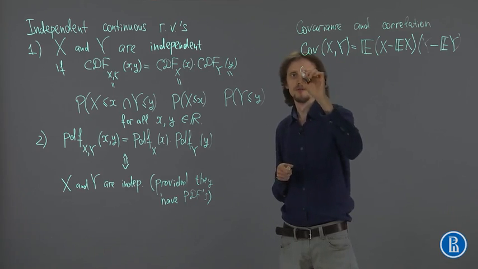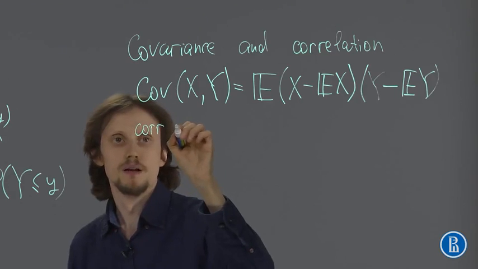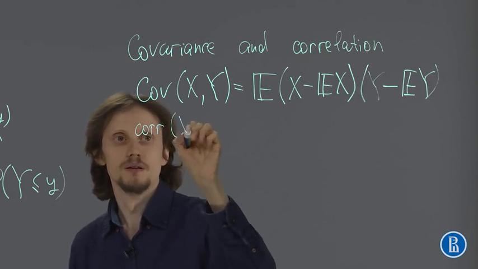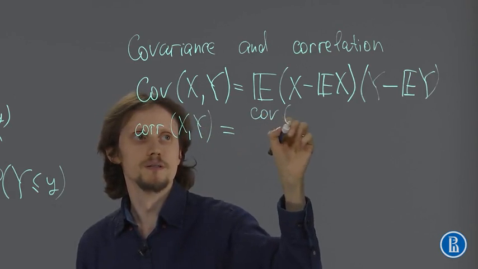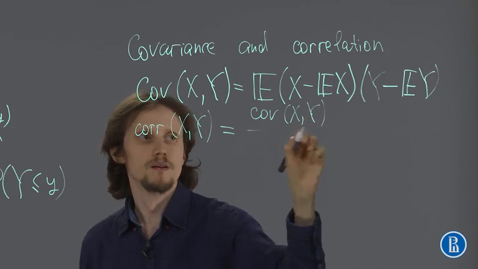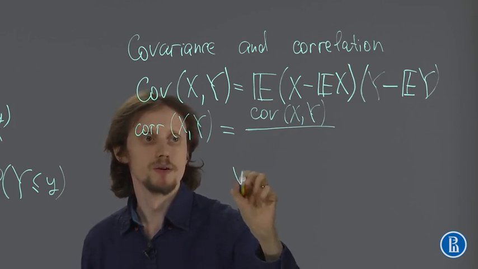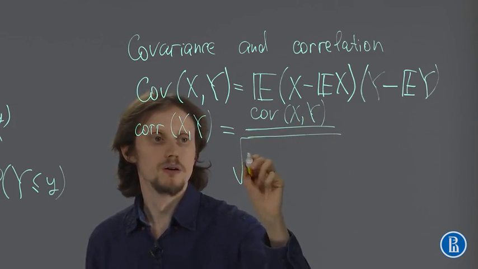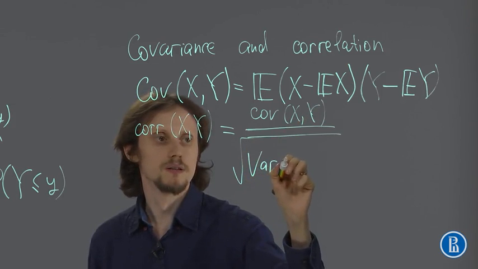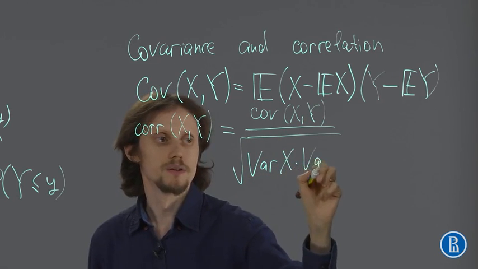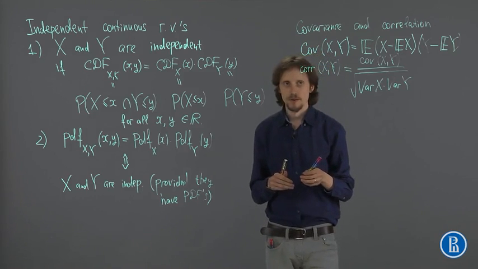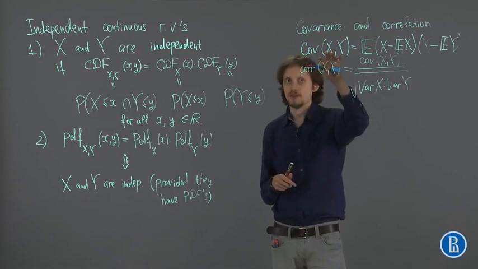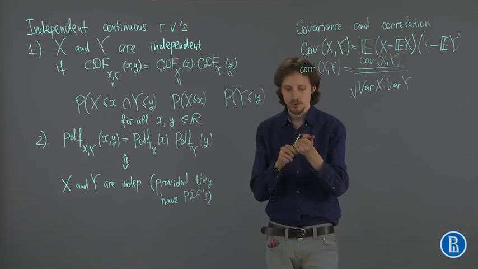And correlation is defined as a fraction which numerator is equal to covariance, and in the denominator we have square root of variance x times variance y. So like in discrete random variables, if x and y are independent, then their covariance and correlation equals to 0.